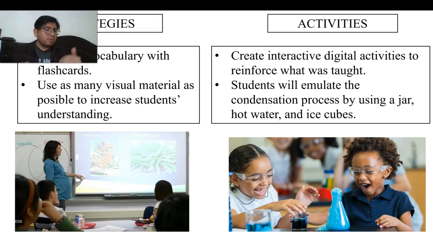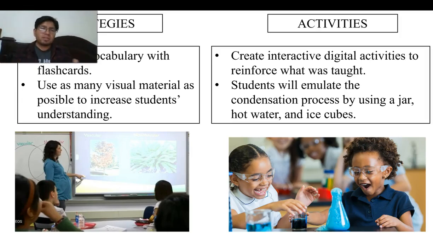Then I'll use as many visual materials as possible to increase their understanding as well, because most of our students are visual learners, and it is better to explain a water cycle stage by using pictures rather than just talking.